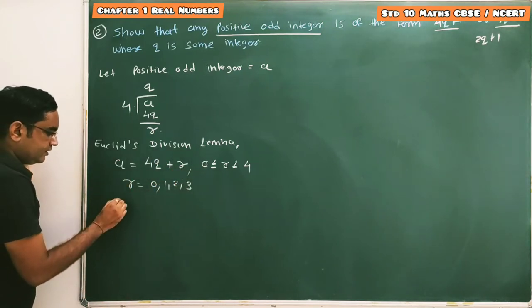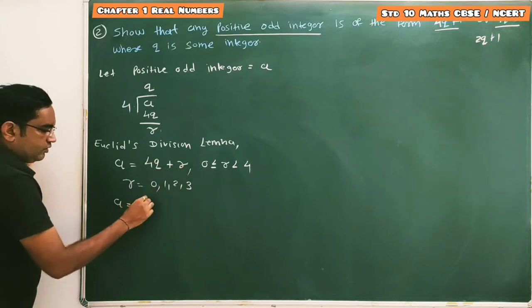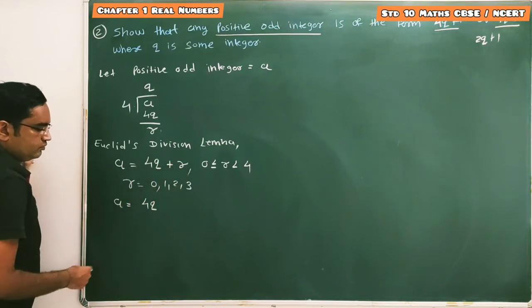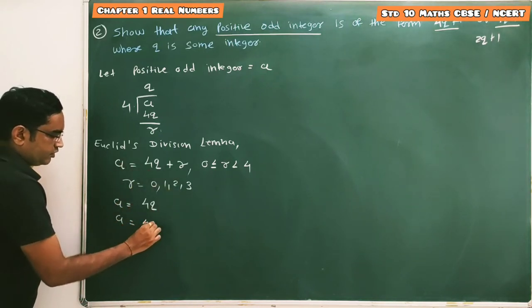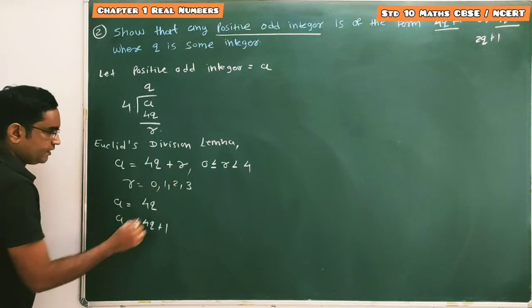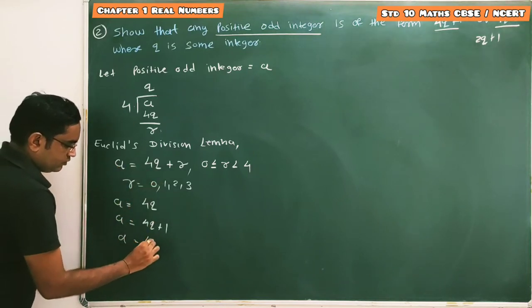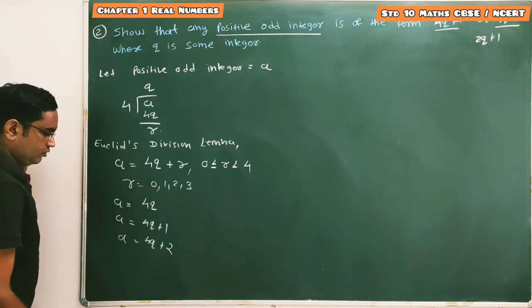So here we can write this a as follows. If you take r equal to 0, a is nothing but 4q. We can write a as 4q plus 1 if the value of r is 1. If r is 2, we can write a as 4q plus 2.